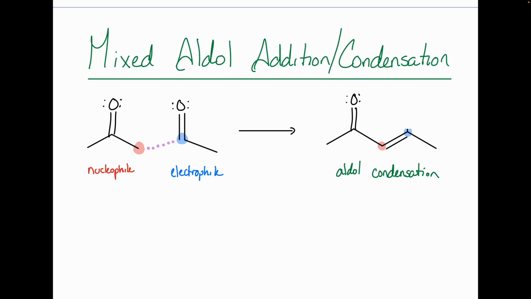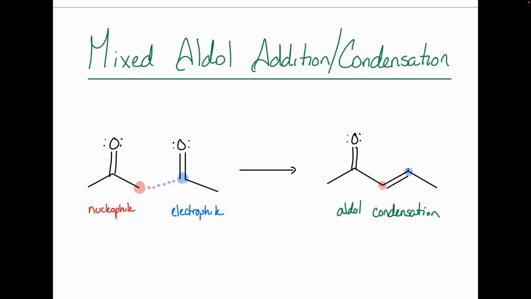Okay? Now, before we go on, there's one little trick that I want to show you about these aldol addition and condensation products that'll help you do a little bit of a double check at the end to make sure that your product is correct. Let's call this our double check. Okay, we're going to count from that carbonyl.